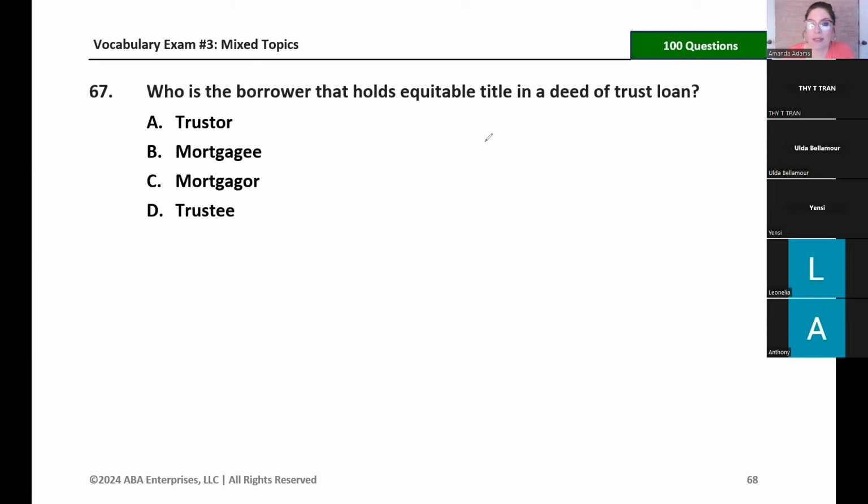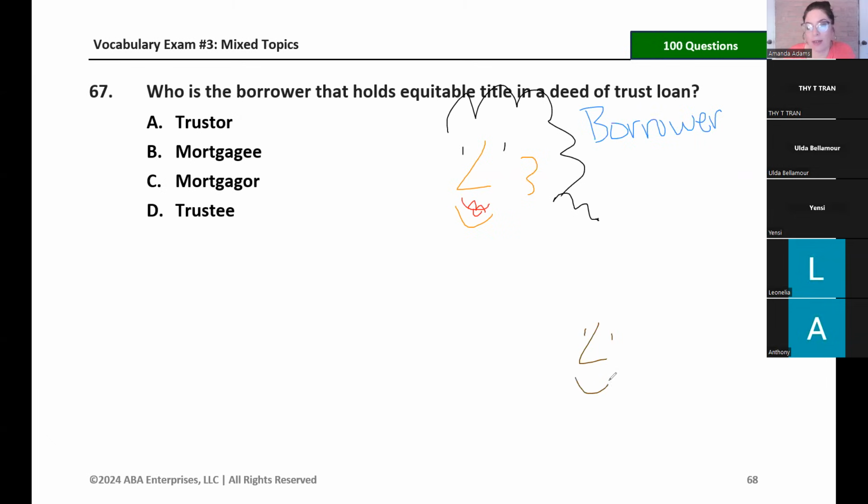Okay, so let's talk about these 3 parties here. All right, so let's say this is the person who borrowed the money. Here's our borrower. And then we've got the lender, right here.